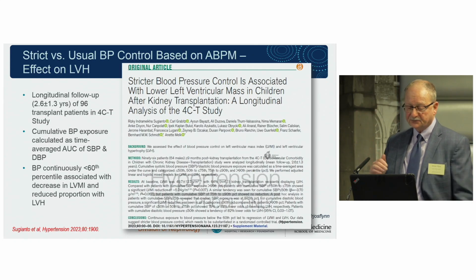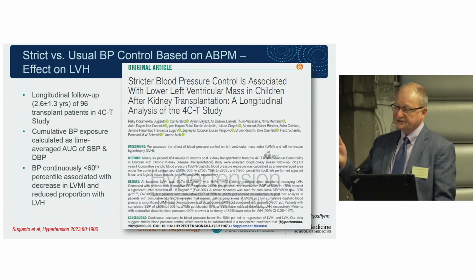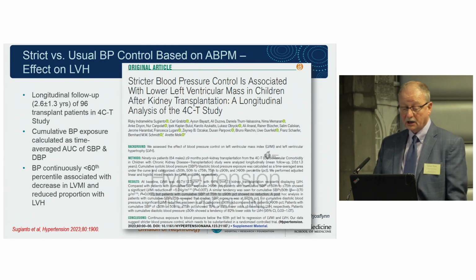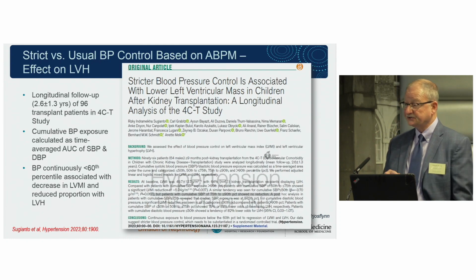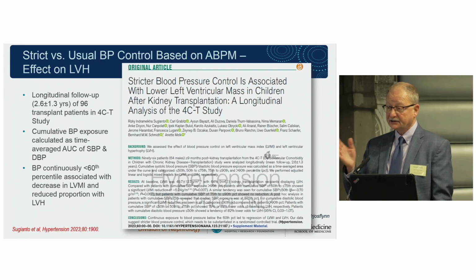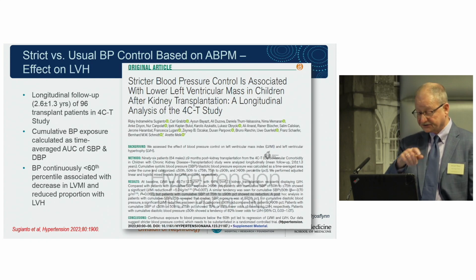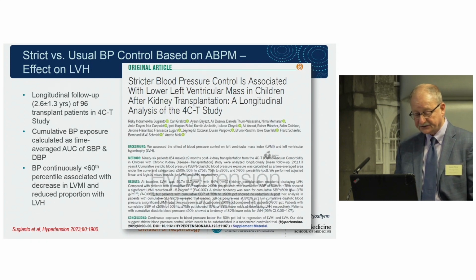And what they showed was that blood pressure continuously below the 60th percentile was associated with a decrease in LV mass index and a reduced proportion with left ventricular hypertrophy, very similar to the Italian study from 10 years ago.